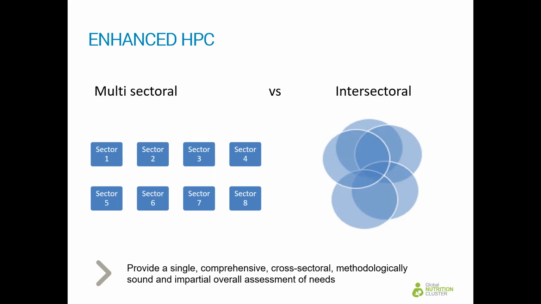There's a difference, and a nuance, between multi-sectoral and intersectoral. Multi-sectoral means one sector next to each other, but often we then miss the overlaps, the linkages, the interrelationships, the causalities.